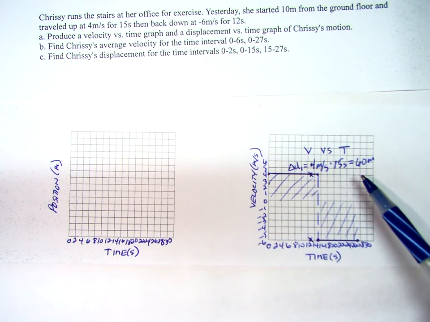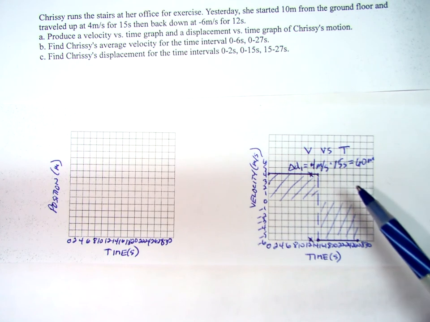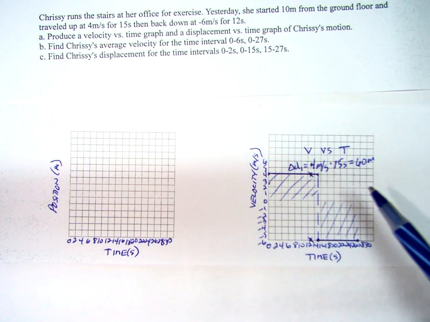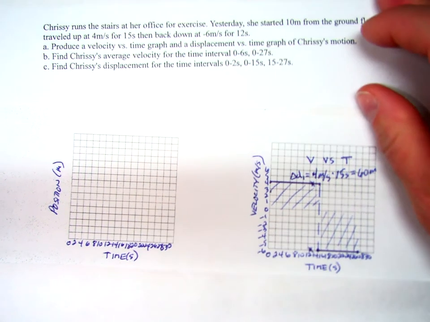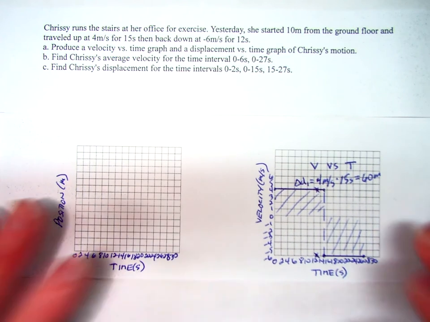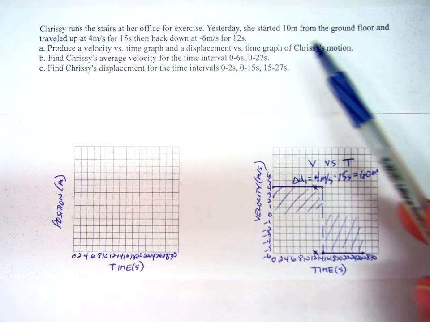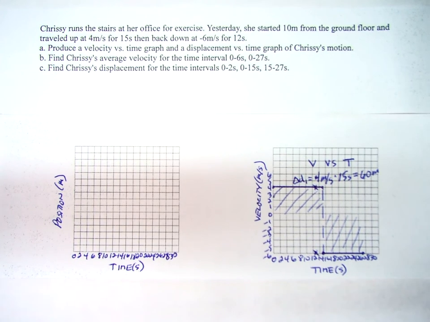Now, because of the extra information, we know she started at 10 meters, which means she ended up at 70 meters because she traveled 60 meters. But if they hadn't told us this 10-meter thing, we would just have to assume she started at 0, which would be okay. But they give us a little bit of extra information, which is her starting position.